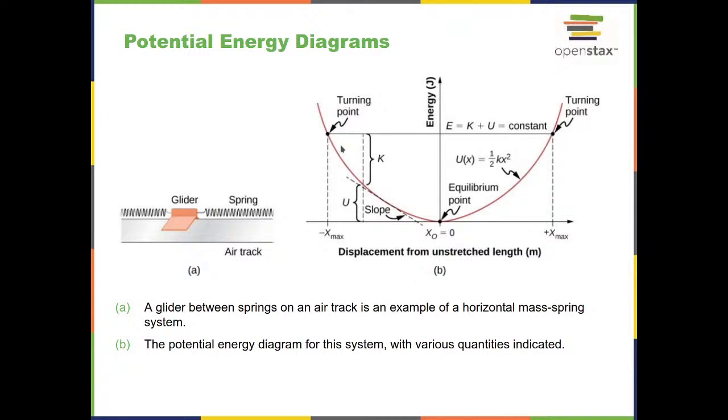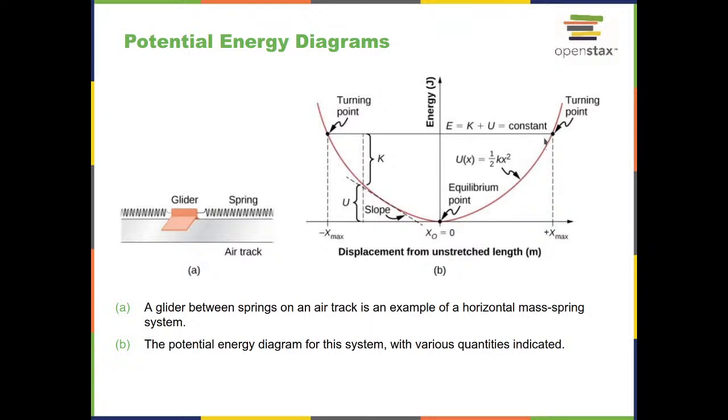So if we have something that is moving in this potential energy, there will be 2 turning points. When the glider moves in x towards x max, it will at some point reach this point where the kinetic energy will become 0, and that's when it will turn around and start moving in the other direction until it reaches the turning point on the other side, and it starts moving in the opposite direction, and so on, back and forth and back and forth.